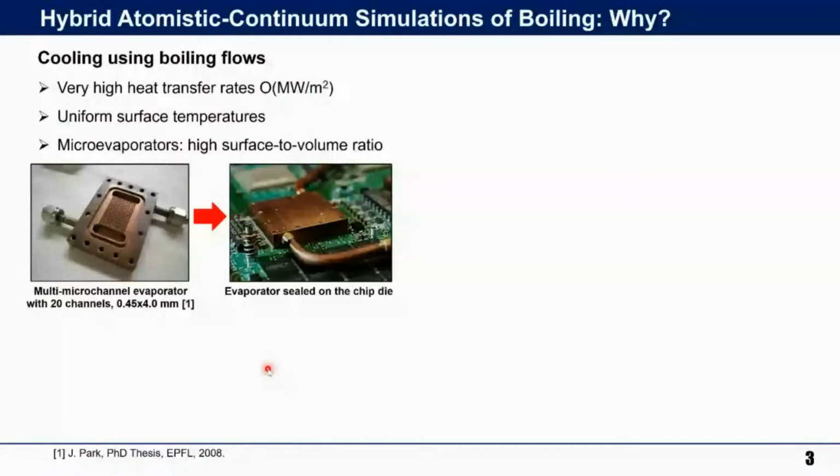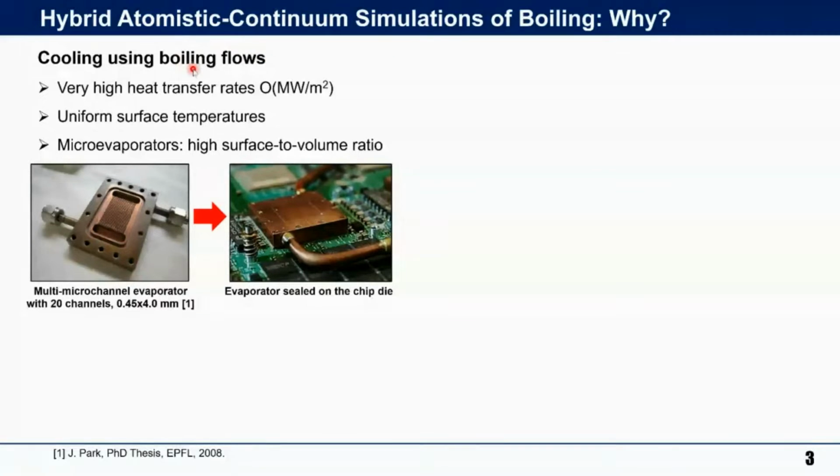So, why do we want to have hybrid atomistic continuum simulations of boiling? Now, some of you may be aware that boiling flows are an emerging technique for the thermal management of various components, and in particular for high power electronics. Why is that?